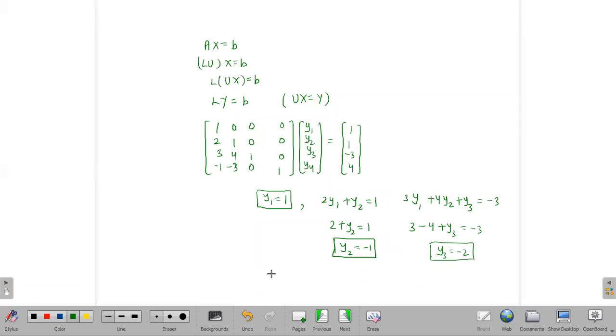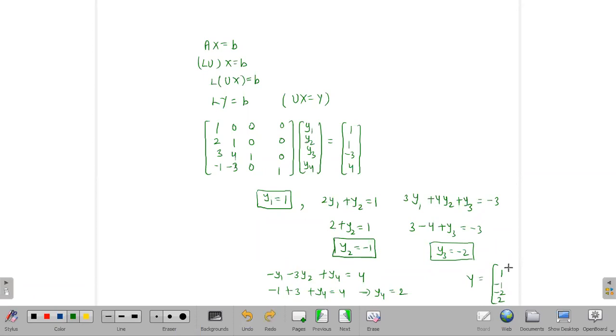And similarly, from the last row, minus y1 minus 3y2 plus y4, which is equal to 4. So -1 plus 3 plus y4 is equal to 4, which will imply y4 is equal to positive 2. So y will be 1, -1, -2, and 2.